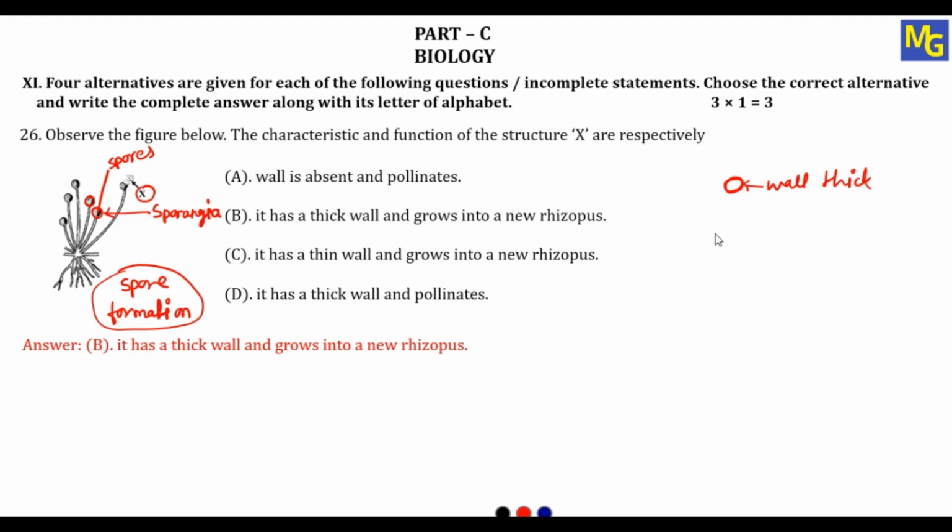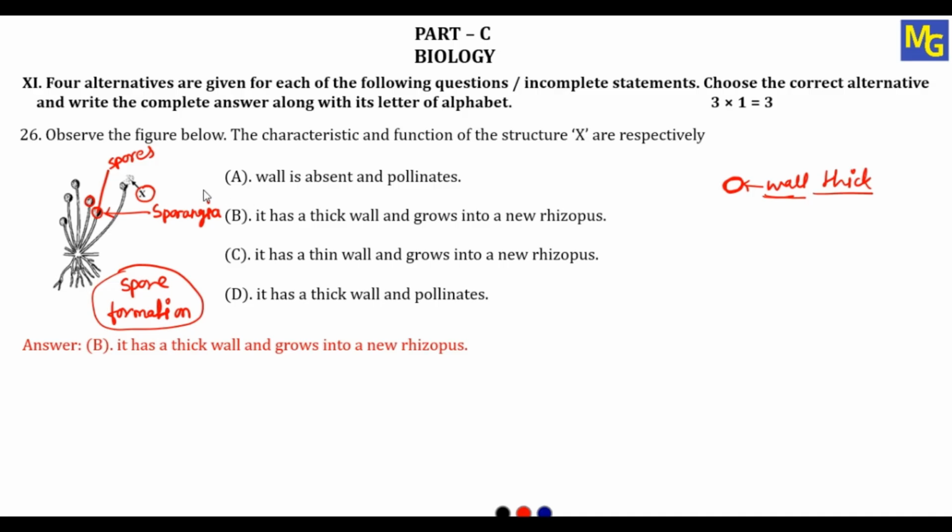Till it gets a favorable condition, the spore will not get affected because it has a thick wall. And whenever it gets a favorable condition, moisture, it starts growing. So this thick wall helps to prevent it from damage. That is the main answer of this question.